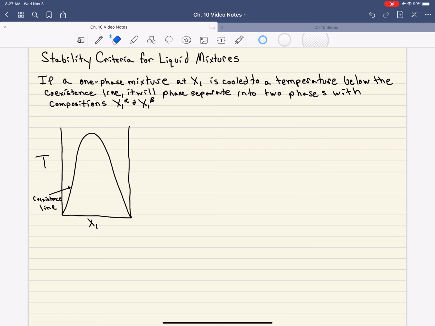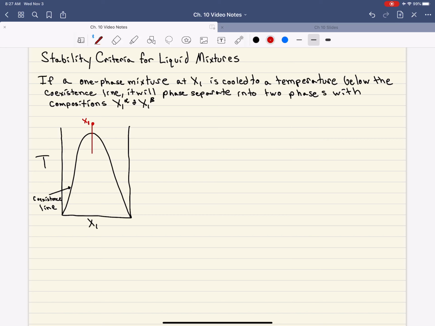All right. In our thought experiment, just to draw out the schematic, say we're at some original composition x1. We're outside that coexistence line, and so that would mean that our mixture is completely uniform throughout. It's in one phase. But then we take that system and we decrease its temperature down to here.